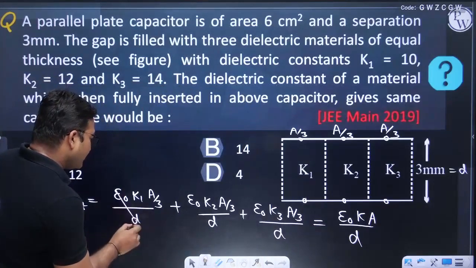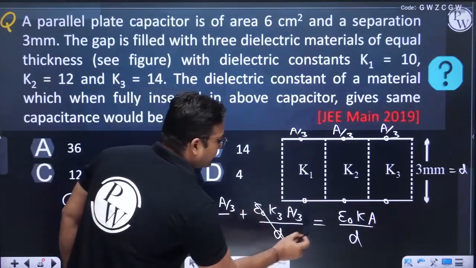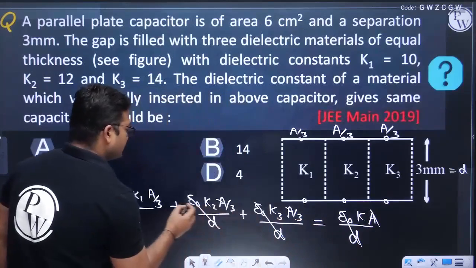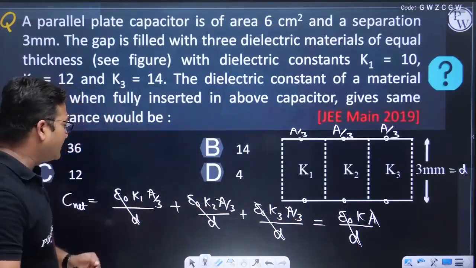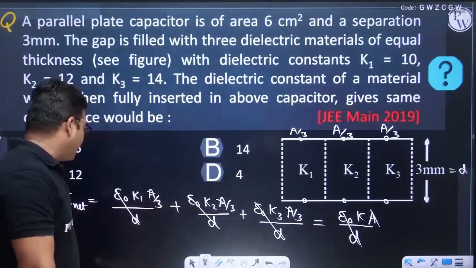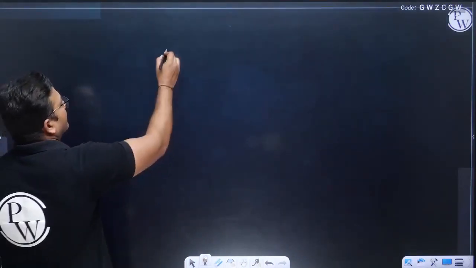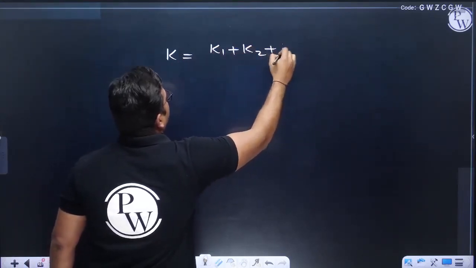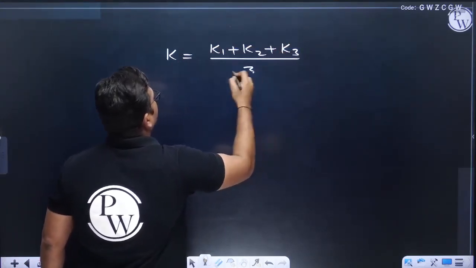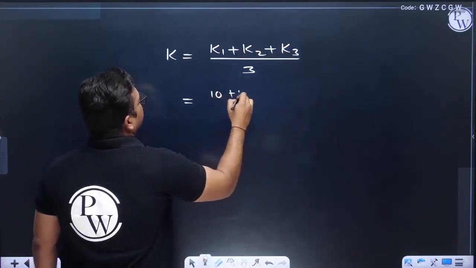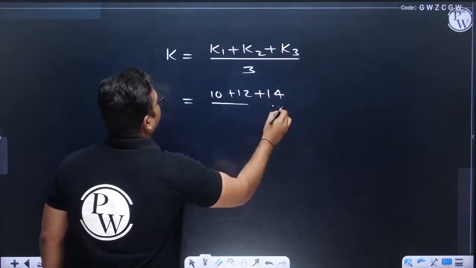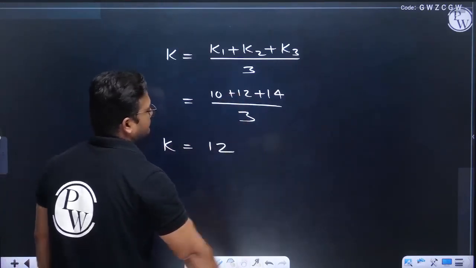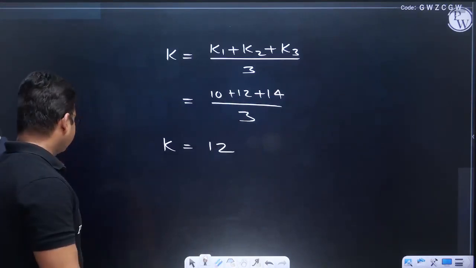Let's cancel epsilon naught by d and A from everywhere, and you will see K as K1 by 3 plus K2 by 3 plus K3 by 3, K as K1 plus K2 plus K3 by 3. So 10 plus 12 plus 14 divided by 3 gives you 36 by 3. So K would be equal to 12. And that is your answer.